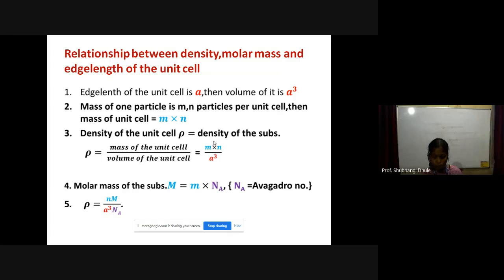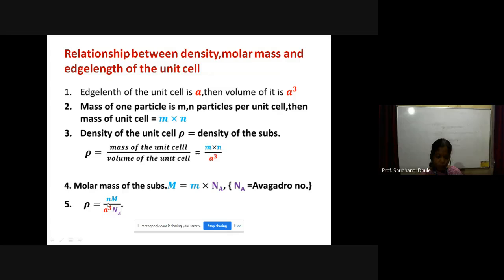Suppose small m is the mass of one particle and the number of particles is n, then the mass of the unit cell becomes m into n. So this is m into n divided by a cubed, that is the volume of the unit cell. This becomes the overall density. This is the only formula you have to remember.